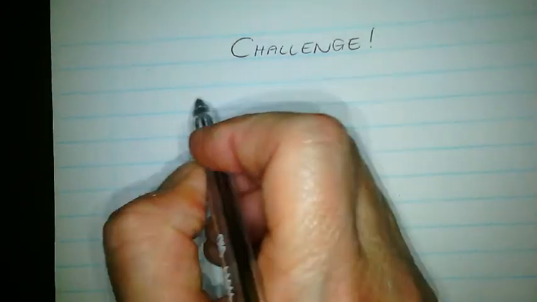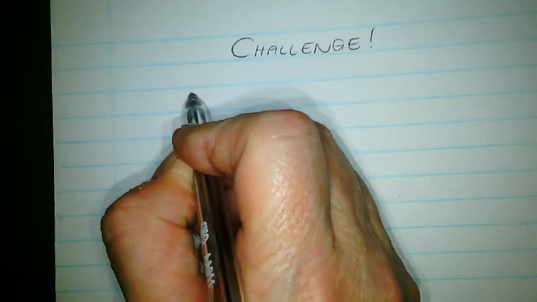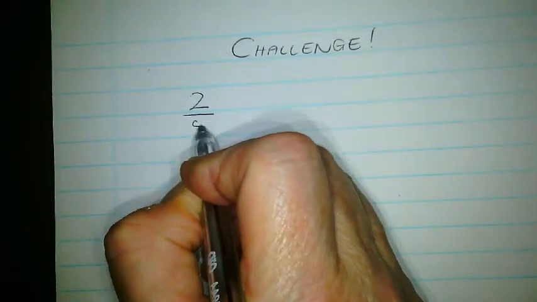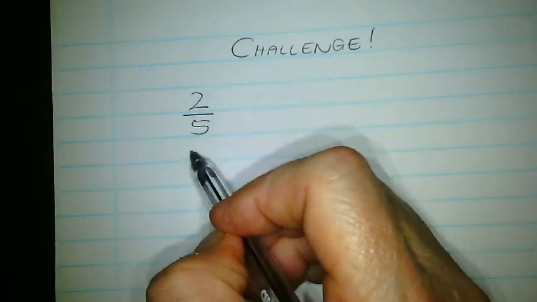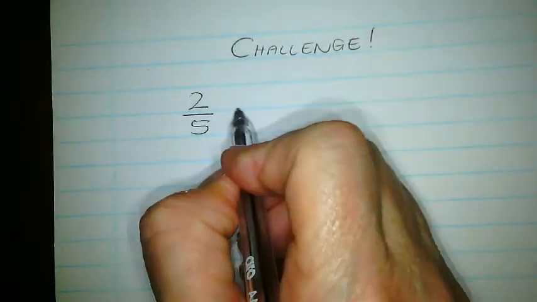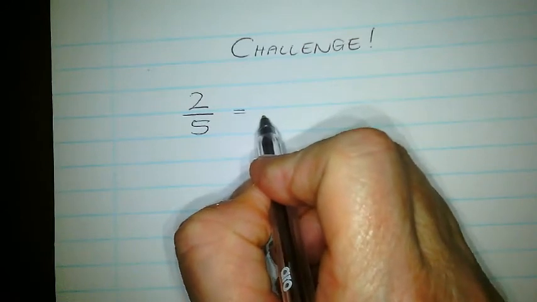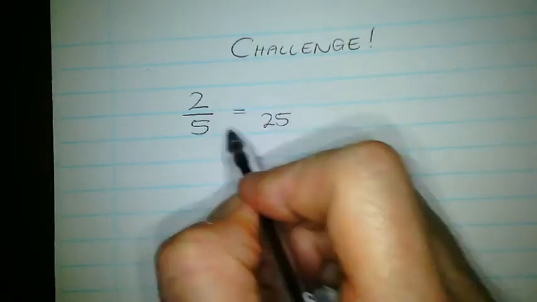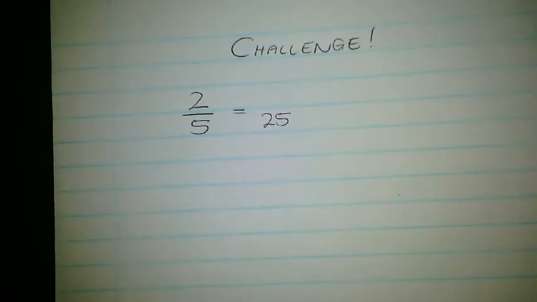Now, the question I want to ask with the fractions: every time we do, for example, the changing of a fraction, say we've got 2 over 5 and we have to change it to 25ths, we have to follow a rule.